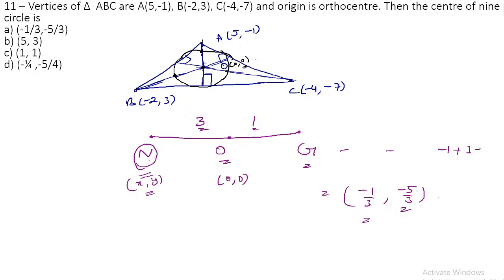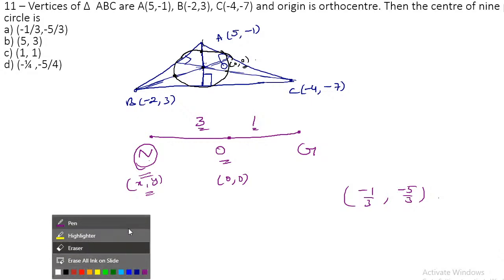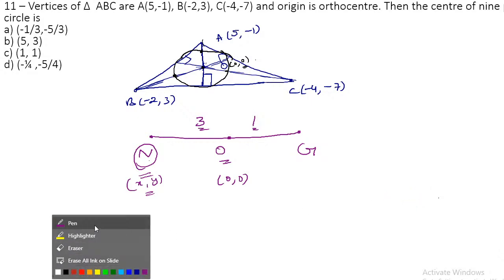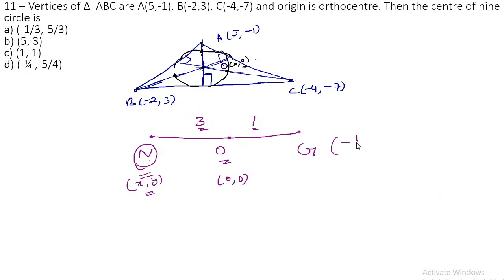So the orthocenter divides the line segment joining the center of the 9-point circle and the centroid in a 3:1 ratio. The centroid is (-1/3, -5/3).